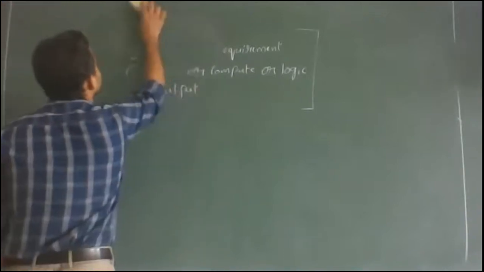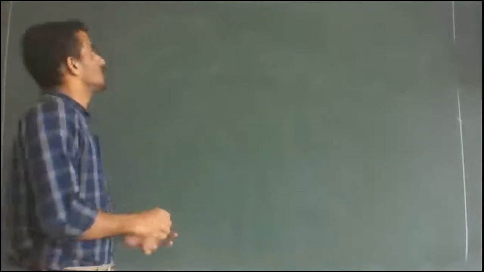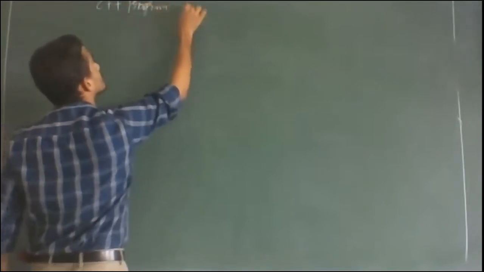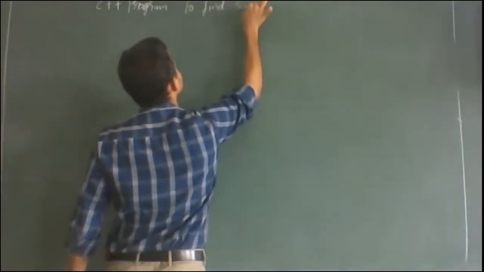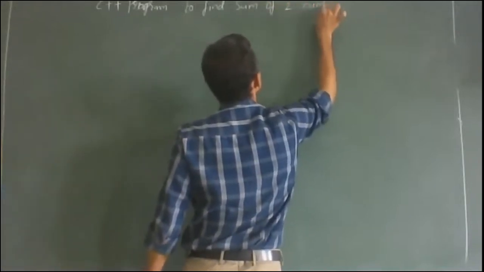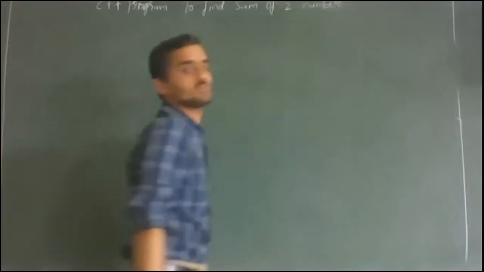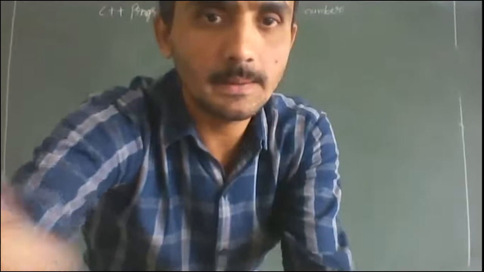I will tell you how to write a program by looking at the question, how to understand the program. For example, if I consider a C++ program to find the sum of two numbers.